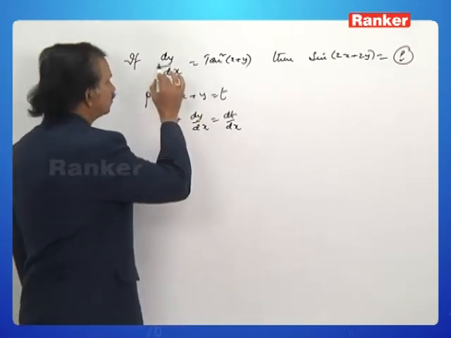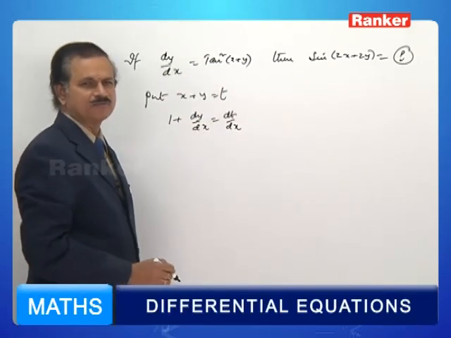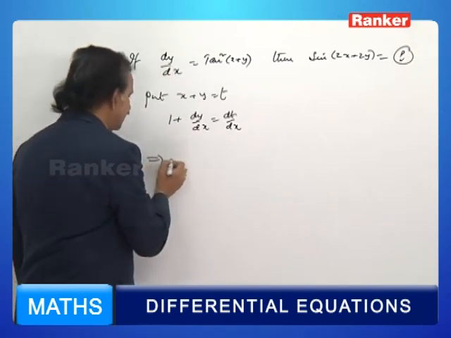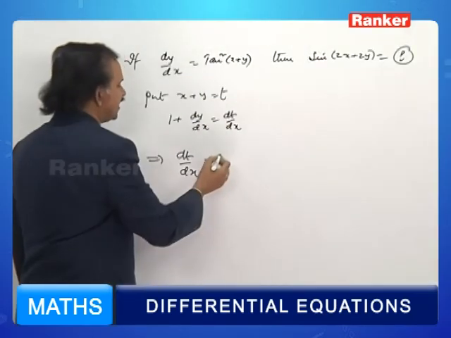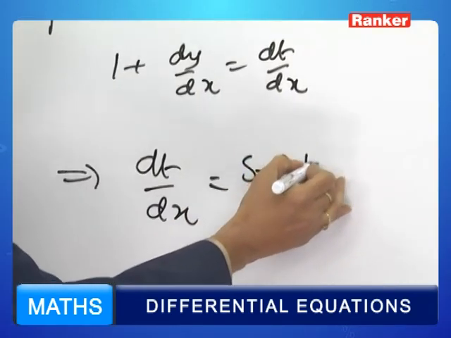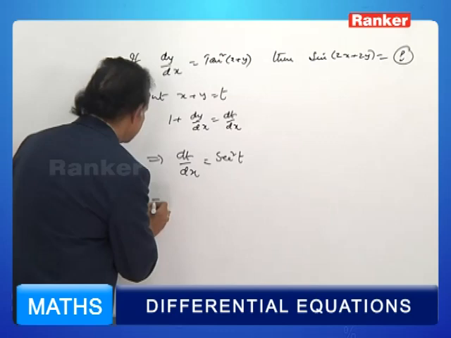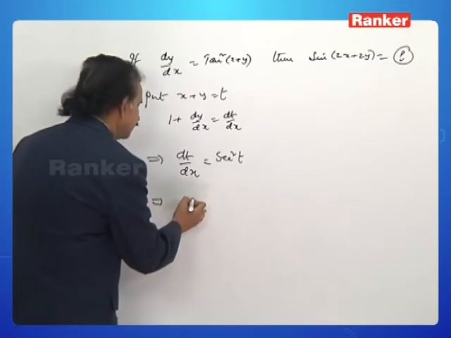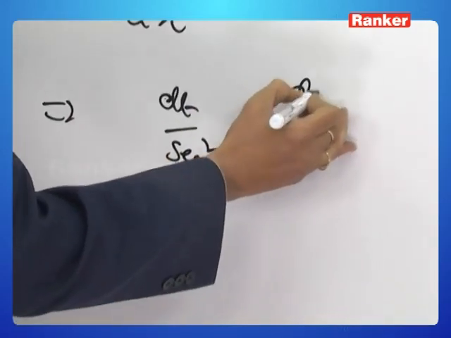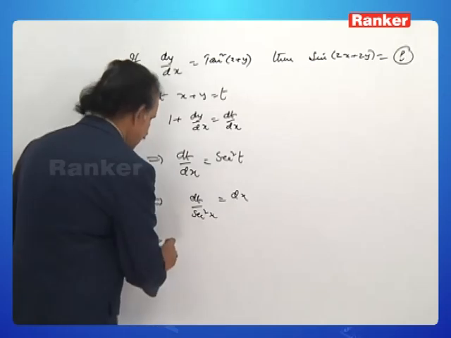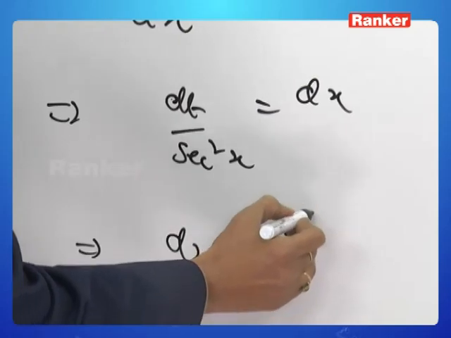Imagine adding 1 in your mind, just to reduce the number of steps. 1 plus dy by dx is then equal to dt by dx. 1 plus tan square t is nothing but secant square t. So dt by secant square t is equal to dx, which implies dx is equal to cos square t dt.